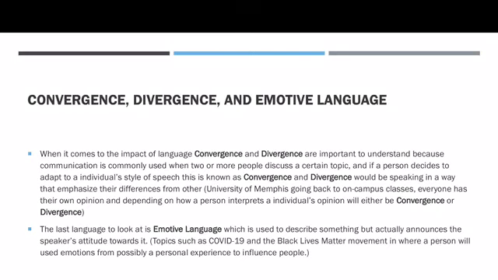So emotive language can play a key role because a person who's speaking on it can have emotions because that individual may have a personal experience dealing with COVID-19 or the Black Lives Matter movement. Maybe they actually have COVID-19, or maybe they lost someone due to COVID-19. The same thing with the Black Lives Matter movement.